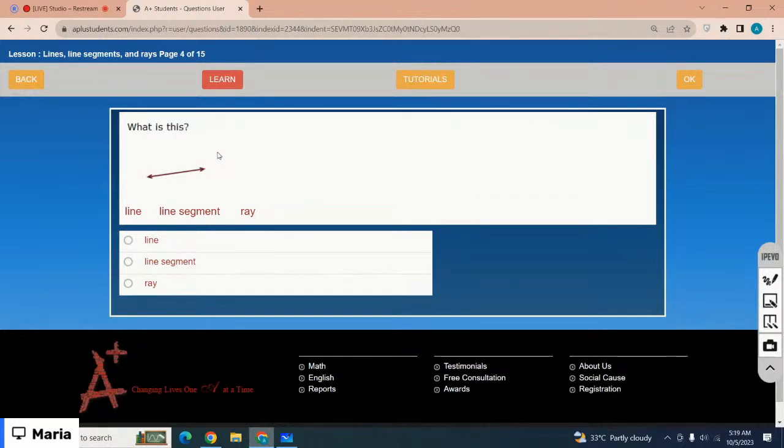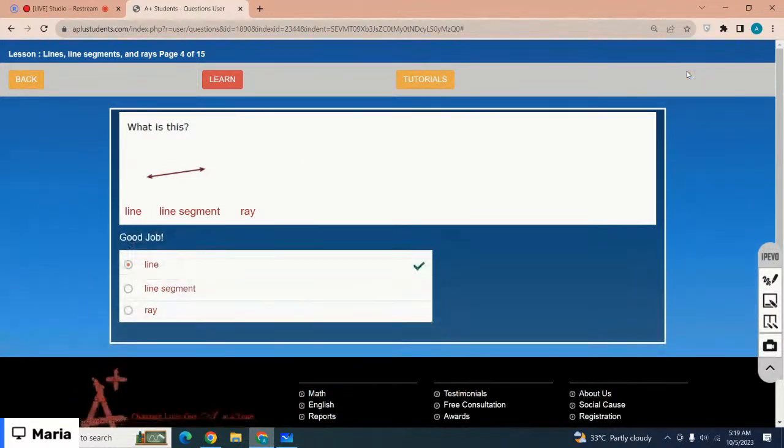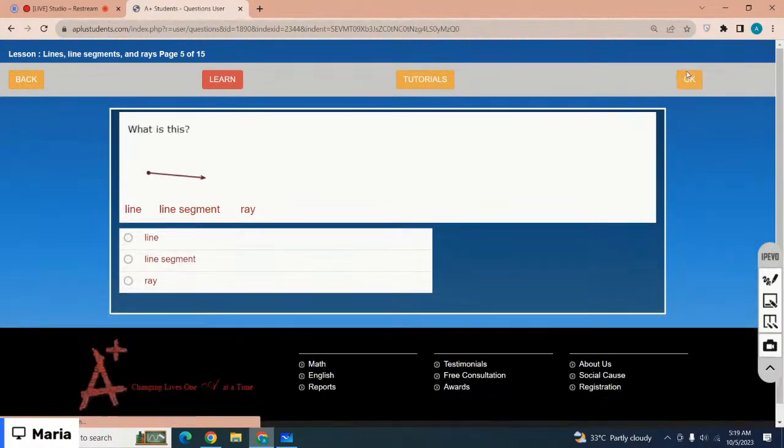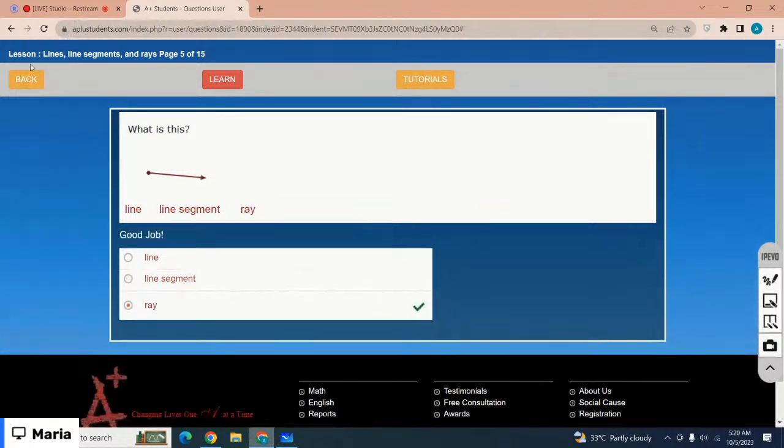This is a line. It never ends, so this is a line. What is this? This is a ray. It only has one endpoint. You can complete the lesson by yourself later today. Let me move on to the next lesson.